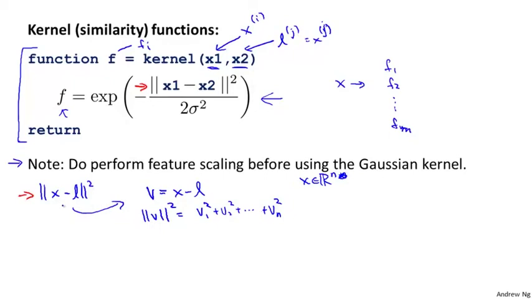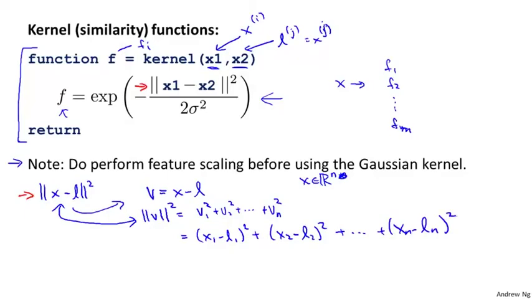And so this is equal to that, right? And so written differently, this is going to be x1 minus L1 squared plus x2 minus L2 squared plus dot dot dot plus xn minus Ln squared.